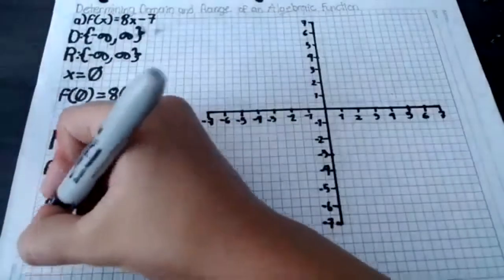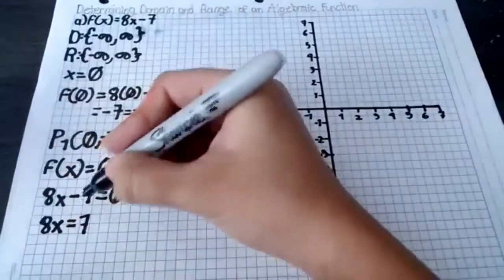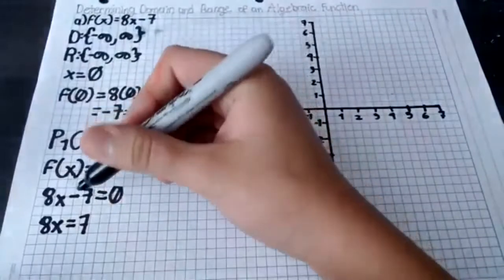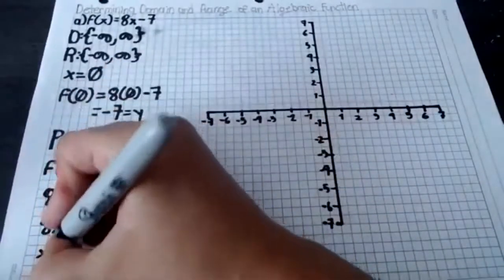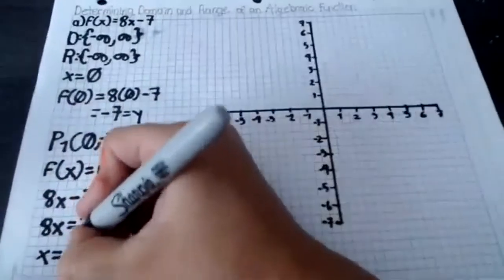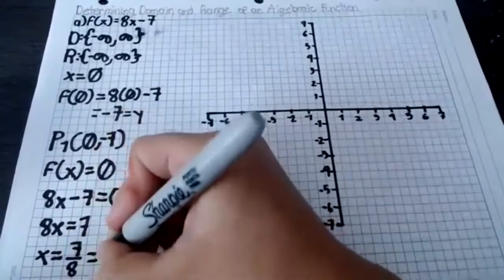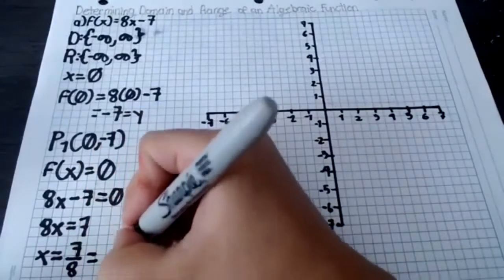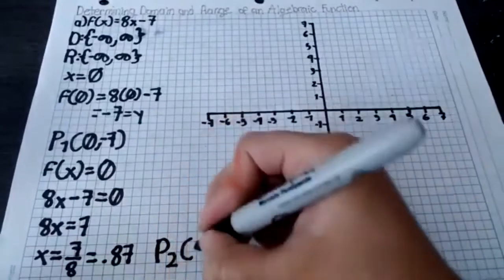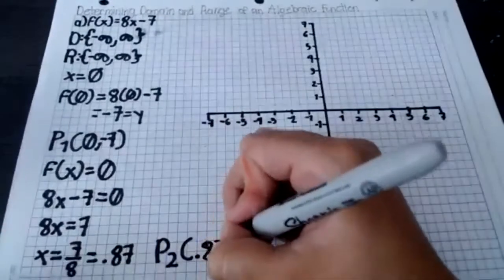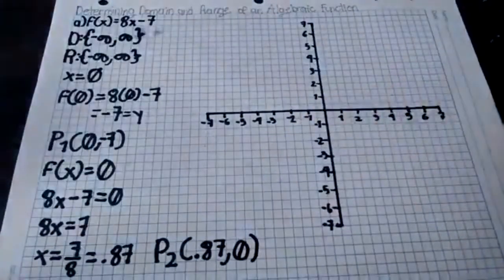It will be 8x equal to 7, because the 7 passes to the other side, and as here it is negative, it changes to positive. Now x is equal to 7 divided by 8, which is 0.87. So the second dot will be 0.87, and 0 is y.